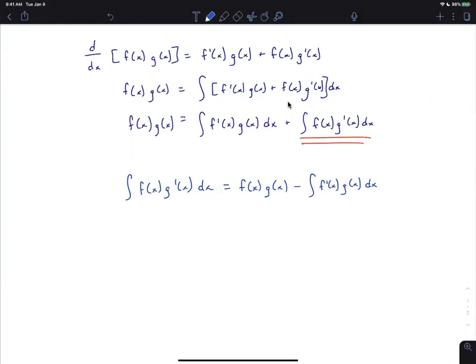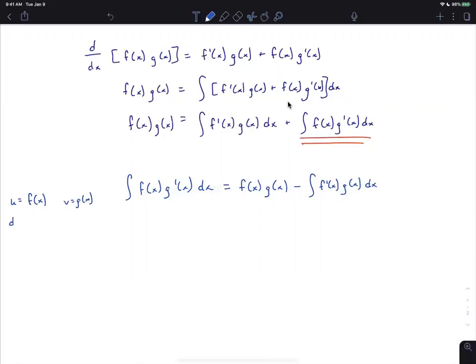Okay, so now given the substitution that we would do with u substitution, given the definitions we used before, I want to make this substitution. I want to say u is equal to f of x, and v is equal to g of x.